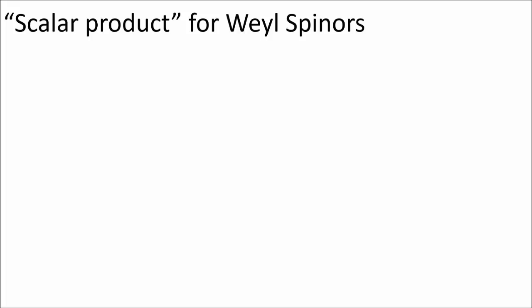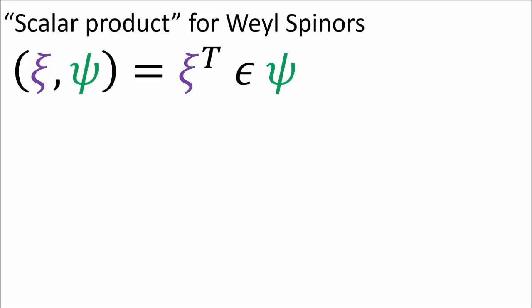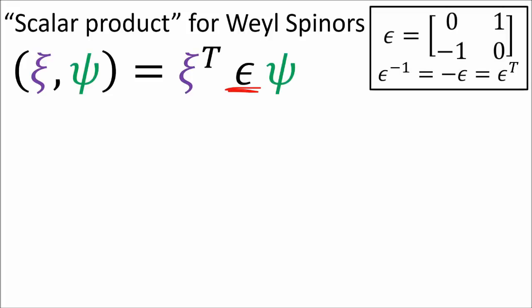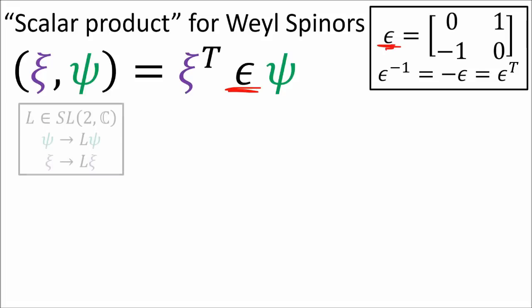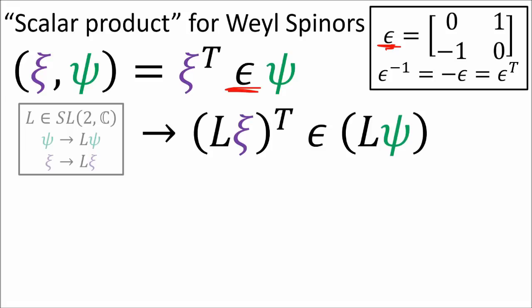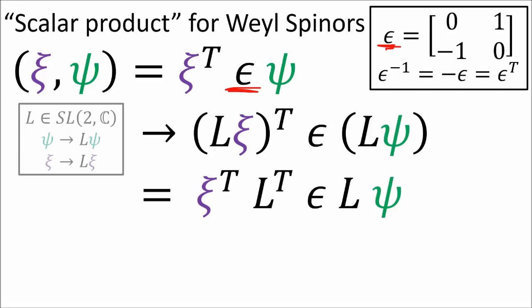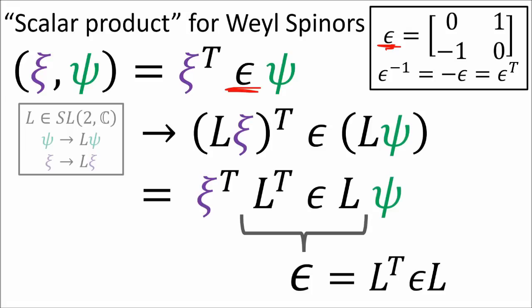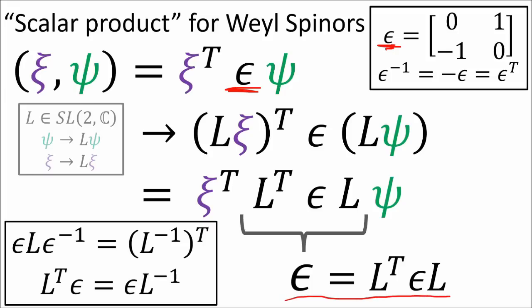Now, in video 9, I also introduced a kind of scalar product for Weyl spinors, which uses this epsilon matrix. This product is left unchanged by Lorentz transformations, which leads to the property that L transpose epsilon L equals epsilon. This can be rewritten in a number of ways.